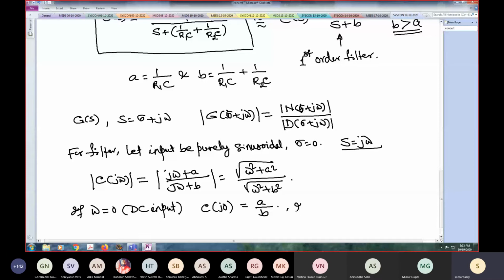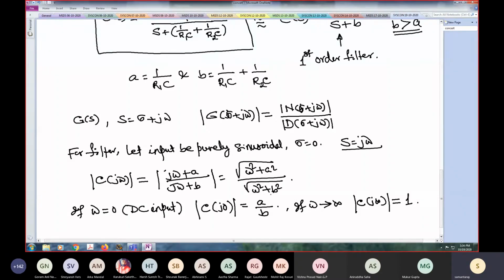Whereas if omega tends to infinity, then magnitude C j infinity will become 1, because A square and B square will be negligible with respect to omega. So magnitude will become 1.